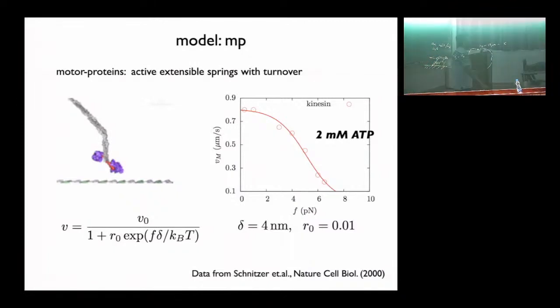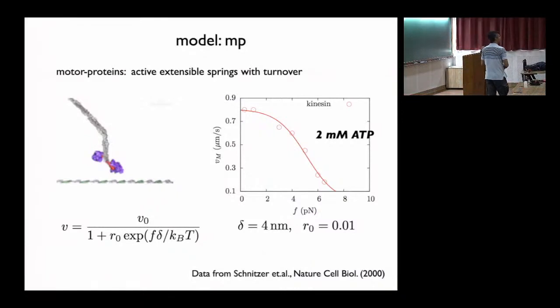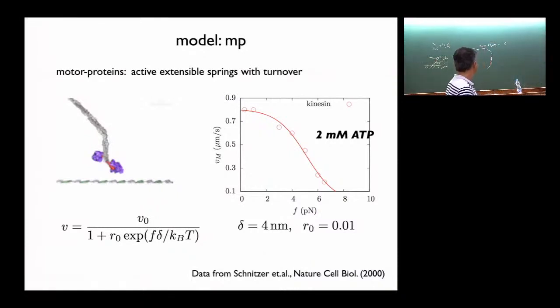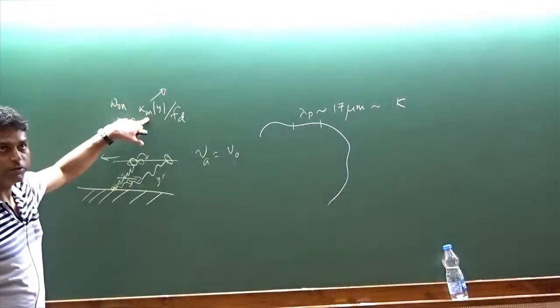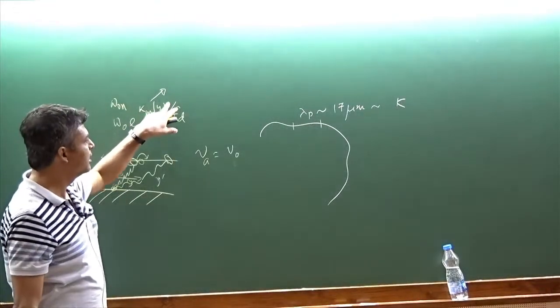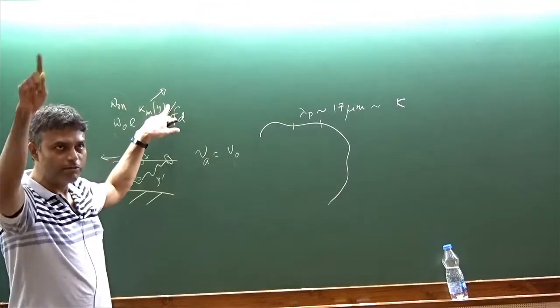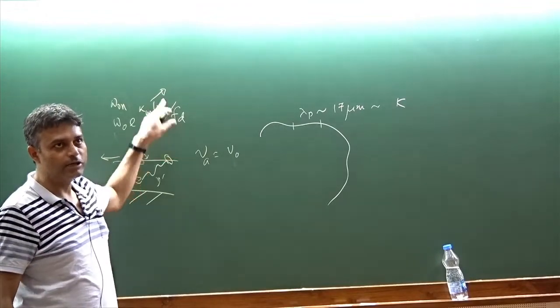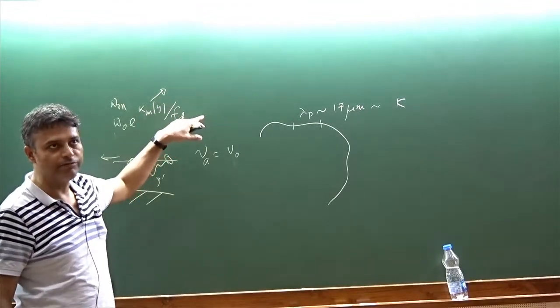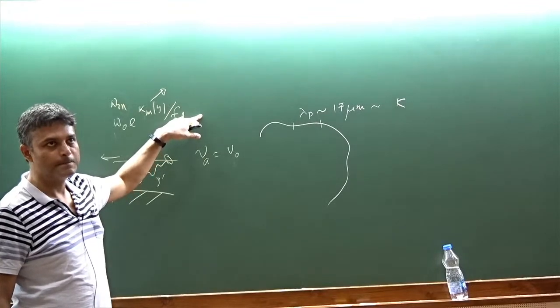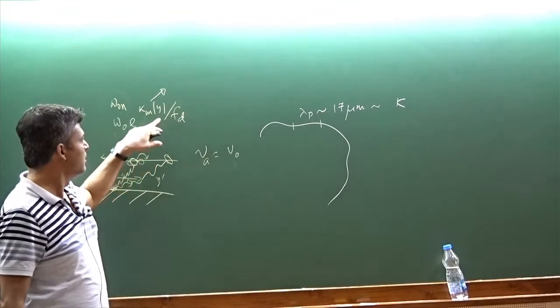Debashish, sorry, one question. That detachment, shouldn't this depend on the exponential of the load divided by kT? So we are calling this the load force. If I multiply it with delta and kBT, I'm calling it something like FD. So is this a small load approximation?